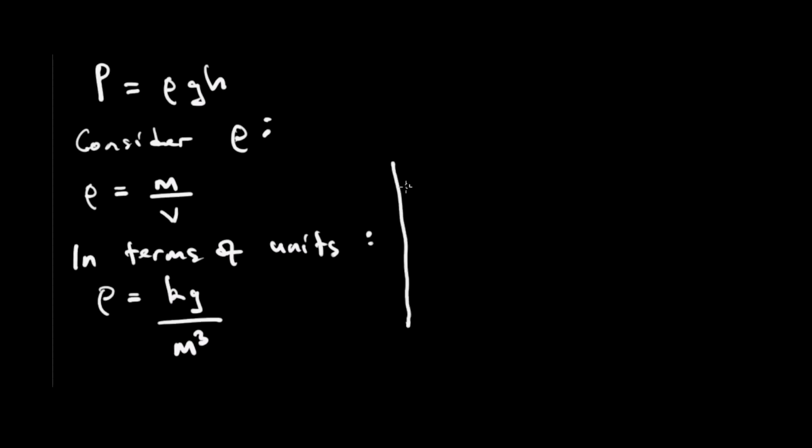Here let us again consider g. But g is acceleration, so we know generally that the units of acceleration are meter per second squared. So g is equal to meters per second squared.